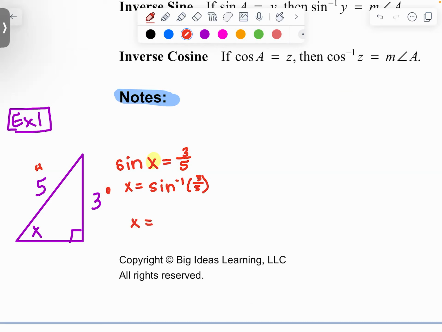And since we're solving for an angle, you need the degree symbol. Make sure you punch this into your calculator and make sure you also get 36.9. We could have maybe 5 people making the same mistake. Is it likely? No. Is it possible? Yes. But more importantly, I want to make sure that you know how to use your calculator.